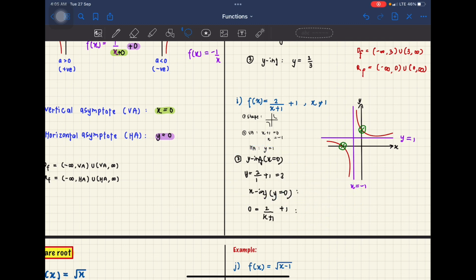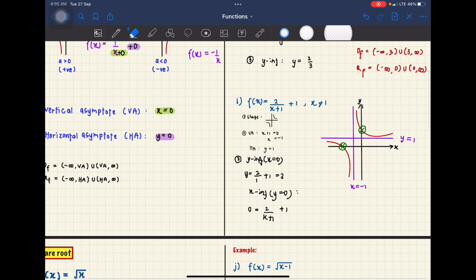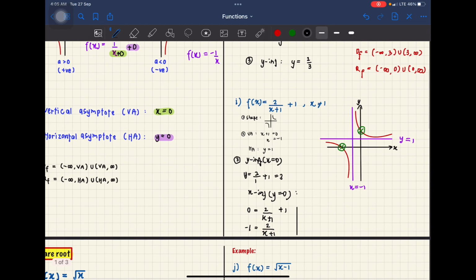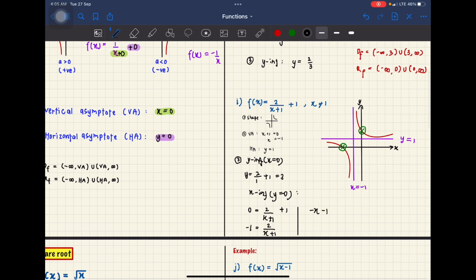Okay, alright, so let's find the value of x. So kita akan pindahkan dulu -1. So you have -1 goes to 2 over x plus 1. And then pindahkan denominator, bawa naik atas. So you have -x, -1 is equals to 2. So -x is equals to 3. X is equals to -3.